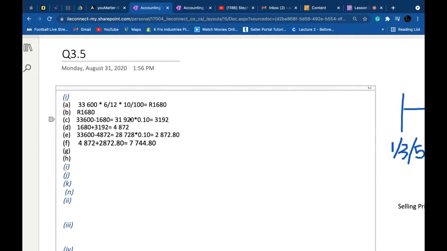Then we go to G. Our last calculation for depreciation, we're saying the cost to us, 33,600, minus the accumulated depreciation we've had thus far, 7,744.80, which gives us what? What's our carrying value there? 25,855.20.